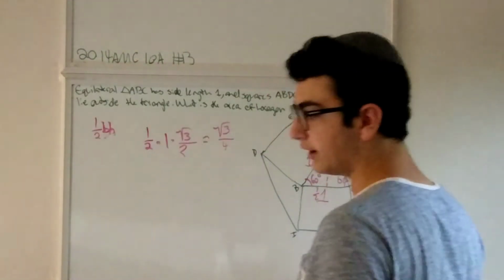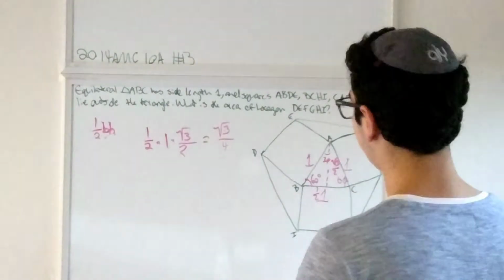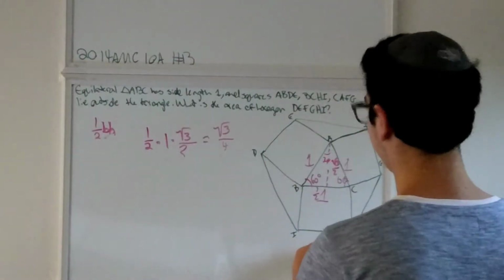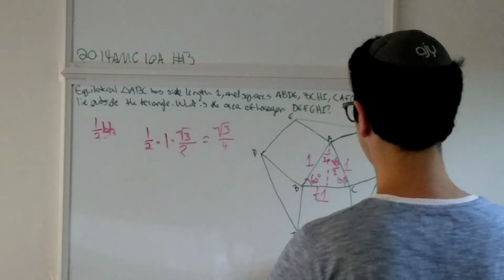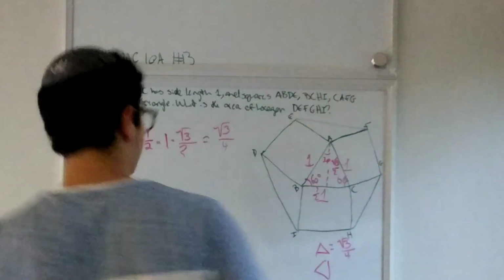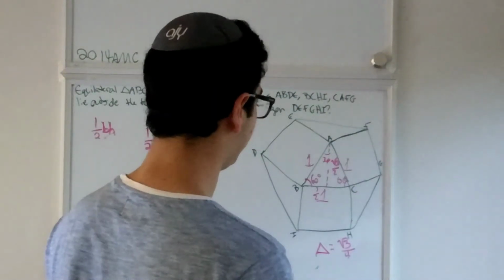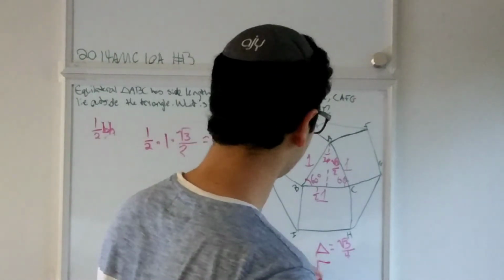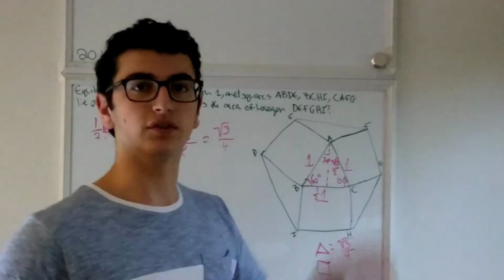So I'm going to write down that the area of this triangle is root 3 over 4. Next, I'm going to try and find the area of the 3 squares. Since they're squares, all the different sides are equal.